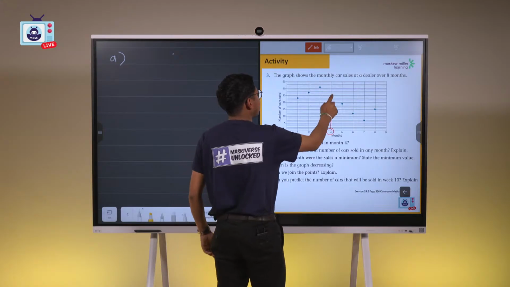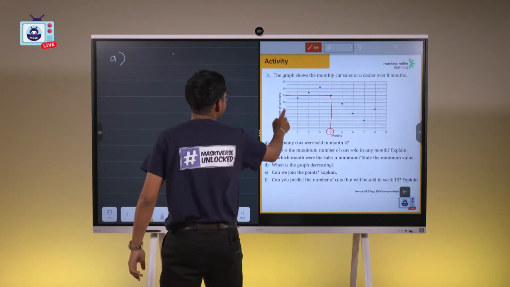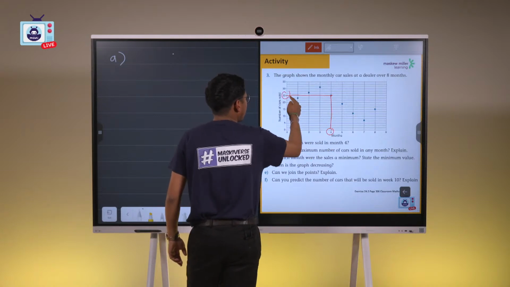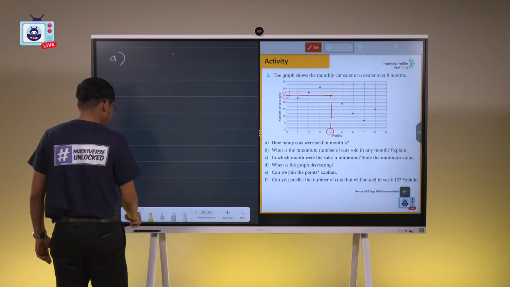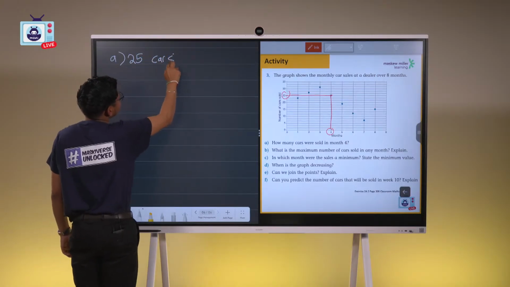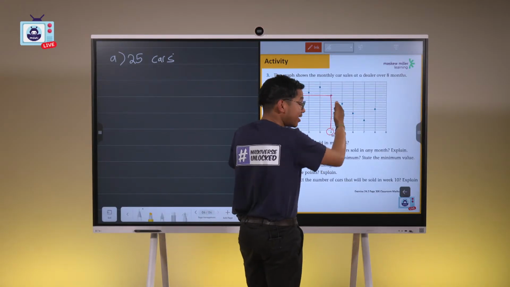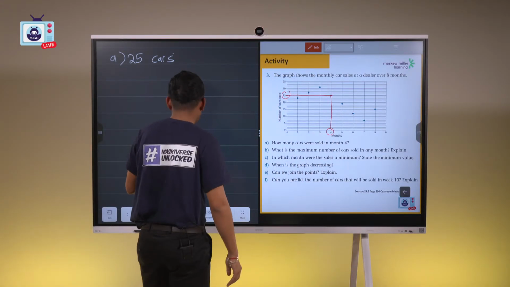How many cars? And I just connect that with my dependent variable, and I can see there in month number 4, I sold 25 cars. So very straightforward, 25 cars were sold over there. It is just a relationship in the beginning between my dependent and my independent variable. That's all it really is, right?